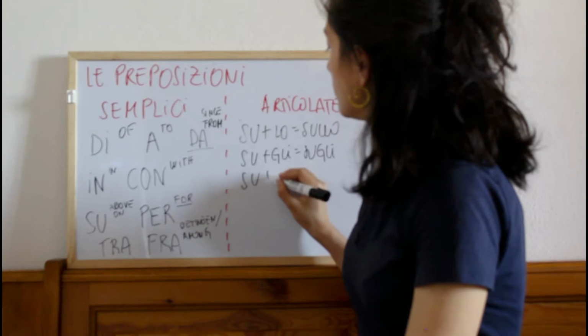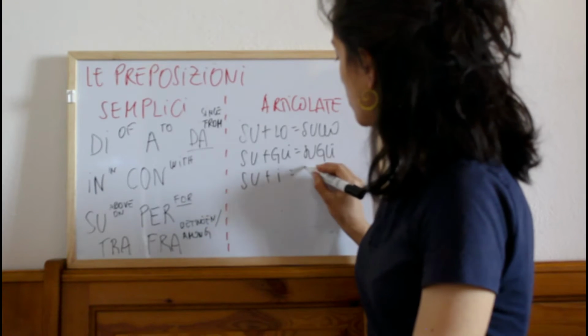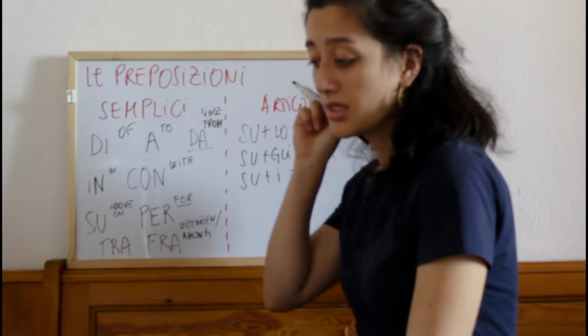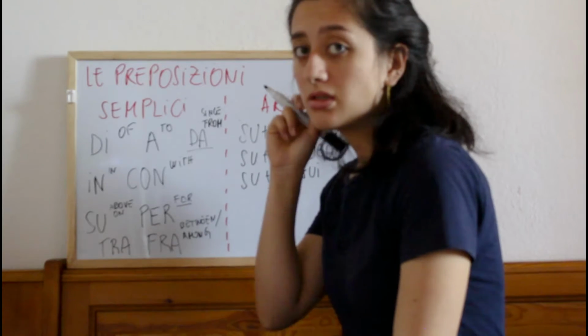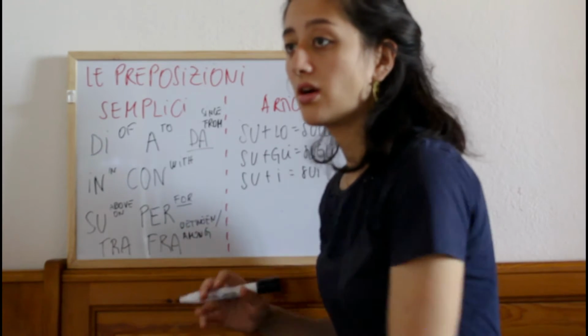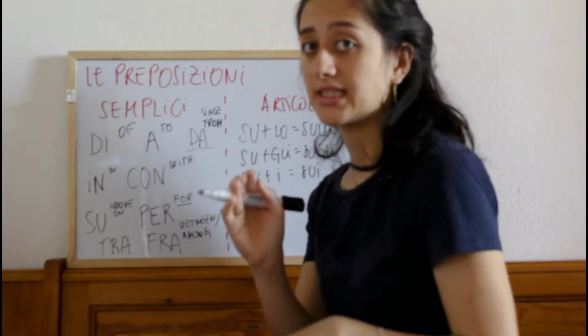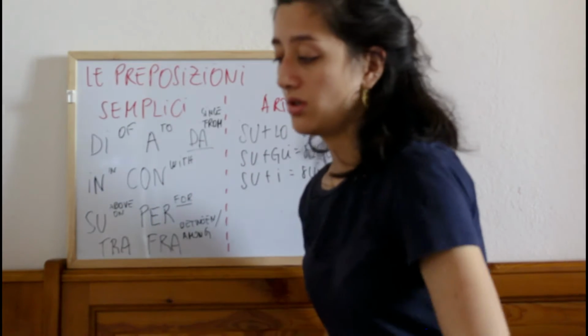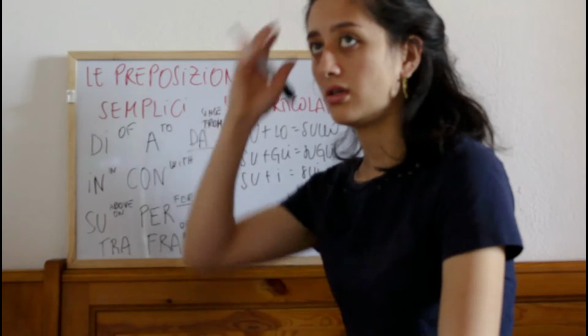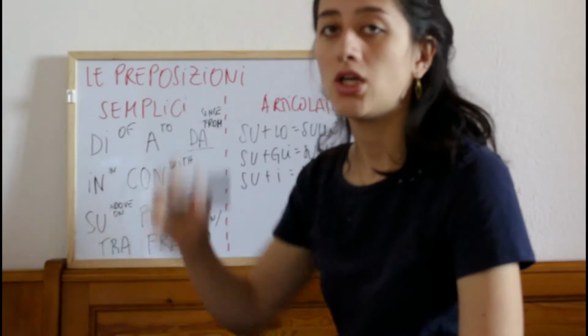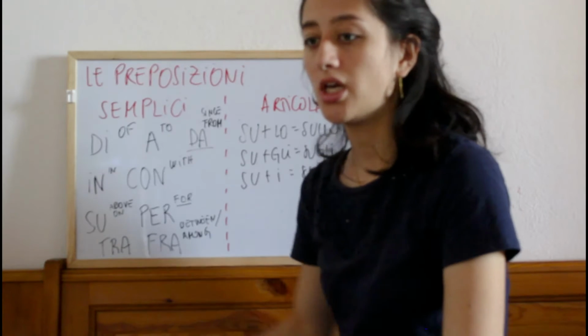Then, if it is su plus i, it becomes sui. We use sui with all the words starting with consonants, other than the 5 exceptions. So, guarda sui frighi. Look on the fridge.